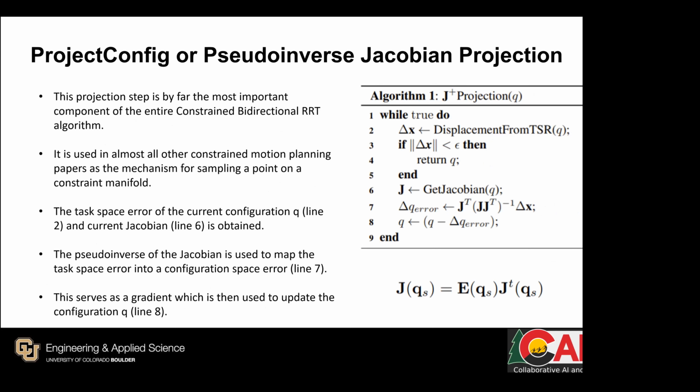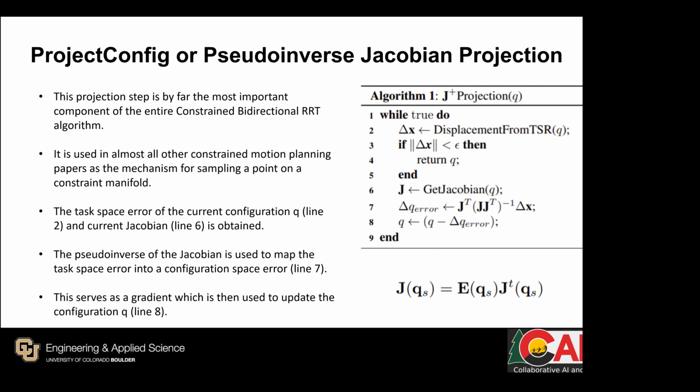And it's pretty straightforward. Given that task space region definition that defines your constraint, you essentially produce a task space error. If that task space error is within some epsilon, then the point that you're testing is approximately on your manifold.